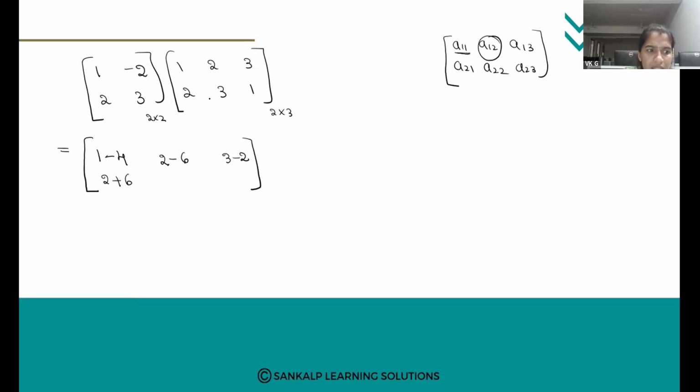Second row with the second column, 2 into 2 is 4, 3 into 3 is 9. Second row with the third column, 2 into 3 is 6, plus 3 into 1 is 3. Simplify: minus 3, minus 4, 1, 8, 13, 9.